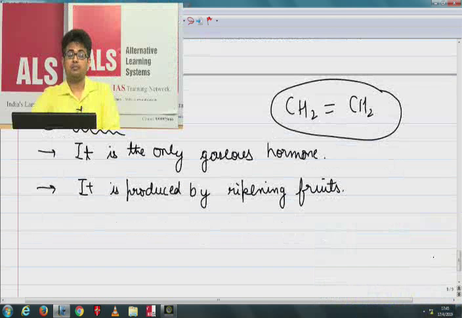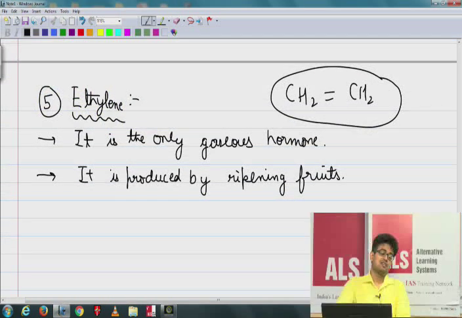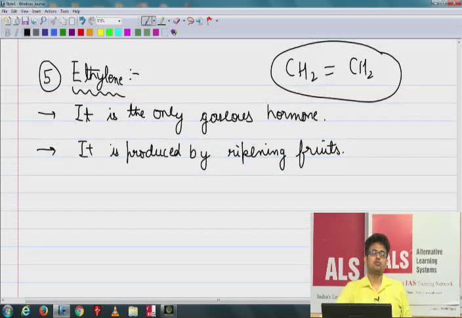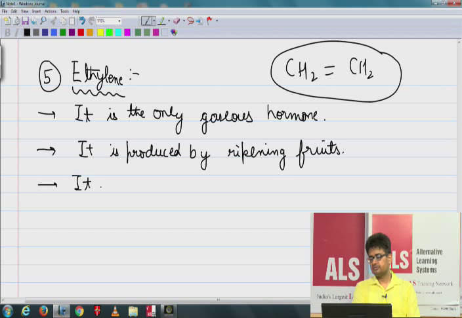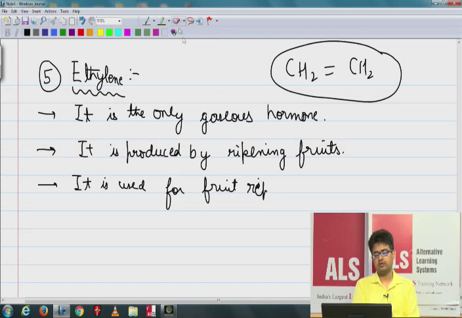For example, a pineapple which is undergoing ripening will produce a large amount of ethylene. Place a yellow pineapple with a green pineapple, it will suddenly change color. Produced by ripening fruits. It is used for fruit ripening when required.